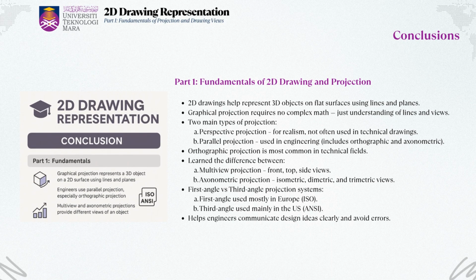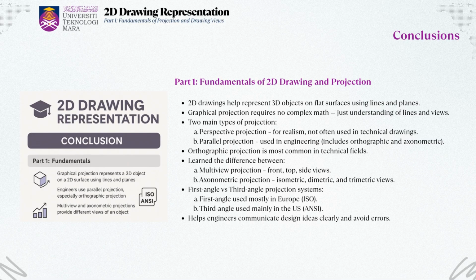We have now come to the end of our chapter on 2D drawing representation, and hopefully, you're starting to see just how important technical drawings are in the world of design and engineering. In Part 1, we explored the fundamentals of projection. You learned that graphical projection is the technique of representing a 3D object on a 2D surface using lines and planes, no complicated math required.